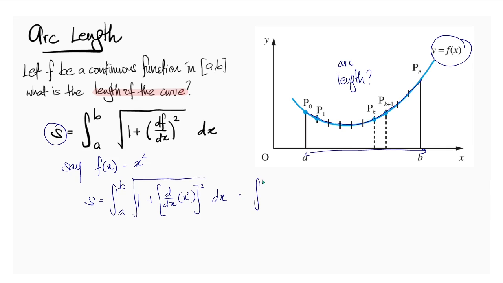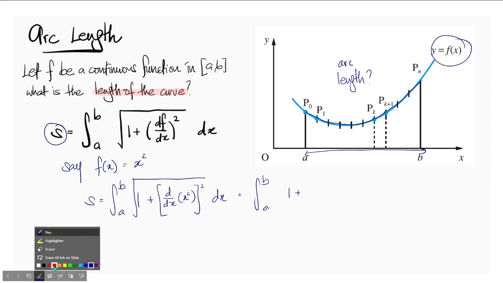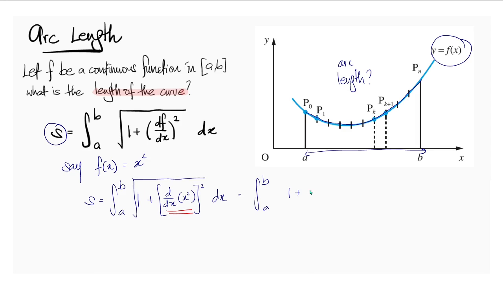So I know that this is 1 plus, if I differentiate this inside here, I will get 2x. Right, and then I still need to square the whole thing, and then square root the whole thing.